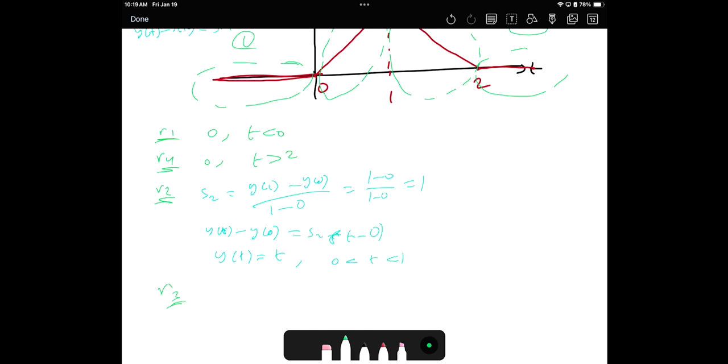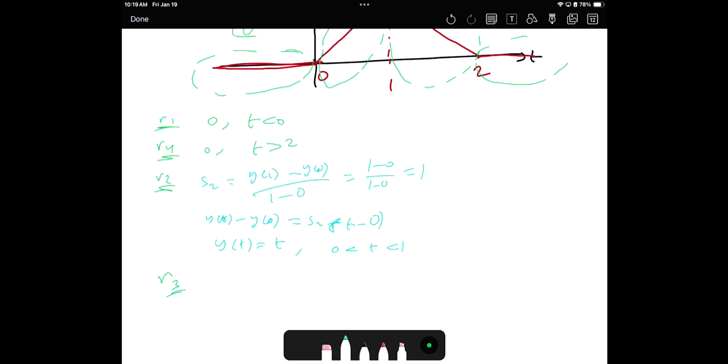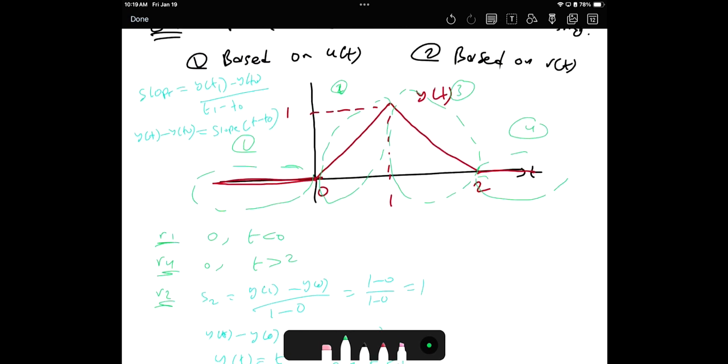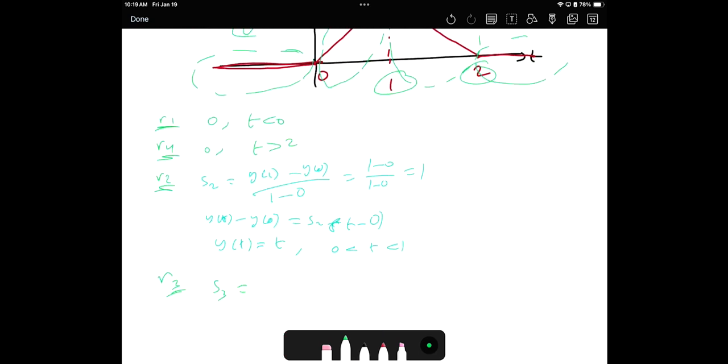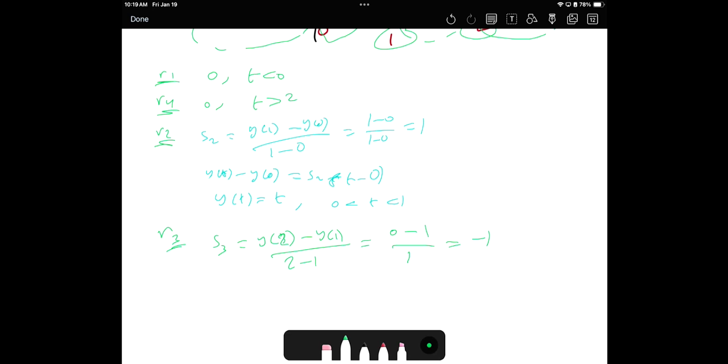The other thing, let's find R3. For R3, the same thing, we need to calculate the slope, but keep in mind the time interval. So in region 3, we have 2 and 1. We will no longer say 1 and 0, now we have 2 and 1. So S3 will be y of 2 minus y of 1 over 2 minus 1. So y of 2 equals 0, y of 1 equals 1, then over 2 minus 1, over 1. So the slope will be negative 1. And according to the equation, y of t minus y of 1 equals slope S3 times t minus 1.